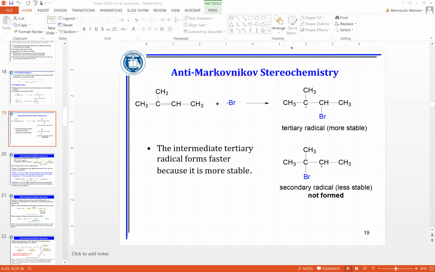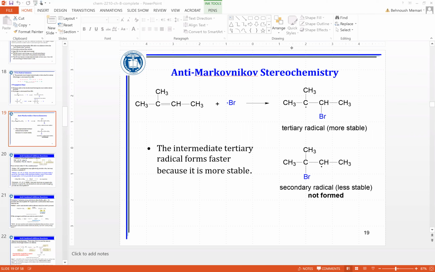But the other fact is that the more stable intermediate yields the major product, and also tertiary free radical is more stable than secondary free radical, more stable than primary free radical.